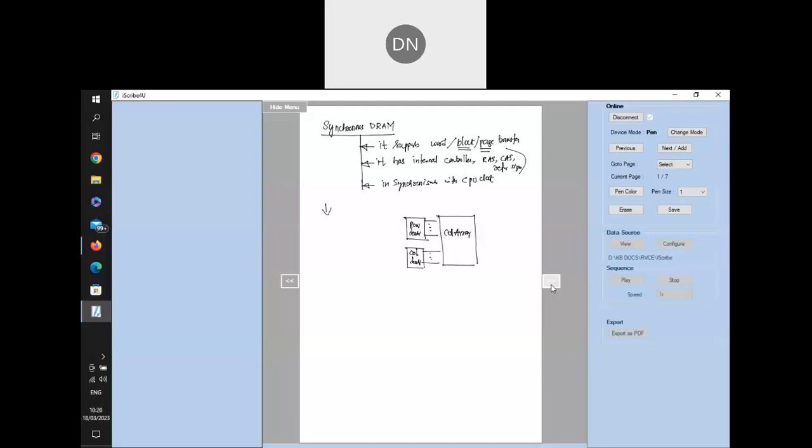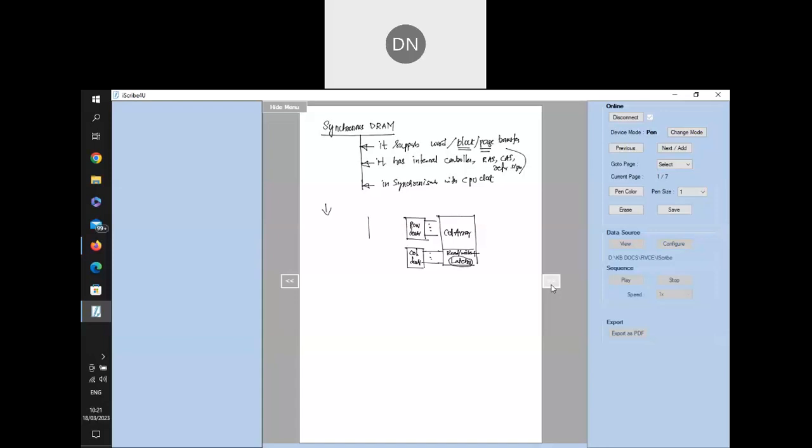The cell array, along with the read and write circuit, the sense and write circuit, comes with one more component which is not present in asynchronous DRAMs, called latches. So what is the advantage of latches? They are used in block transfer. I'll explain this after completing these operations. Now it contains the sense and write circuit along with the latches.